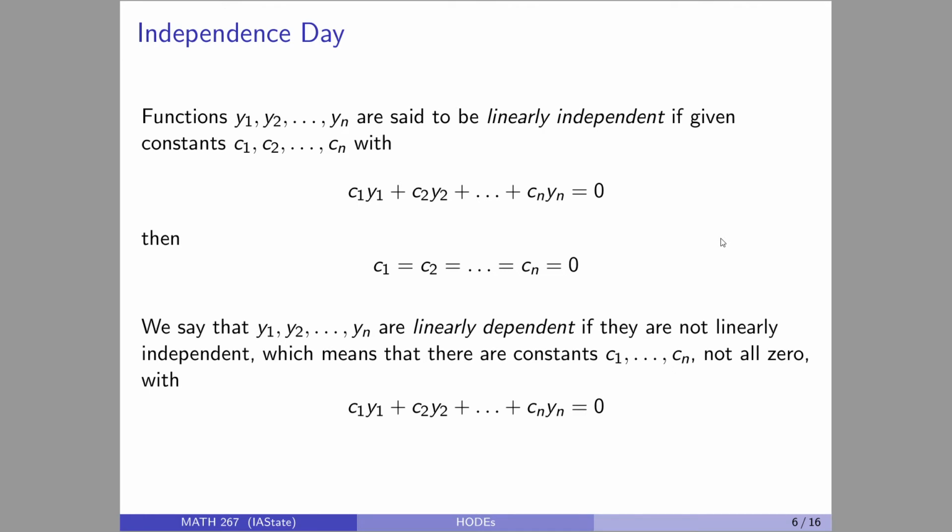Whereas linearly dependent is what happens if you're not linearly independent, which means we can find constants, not necessarily all equal to 0, that do give me the trivial linear combination. Okay, so it's worth noting this is very precise and very technical, but it's capturing a very clear idea. I want to be able to scale and add things together and have that create something new. I don't want to be in the situation where scaling and adding doesn't give me anything new. It just gives me back what I already know, and that's what linear dependence is capturing.